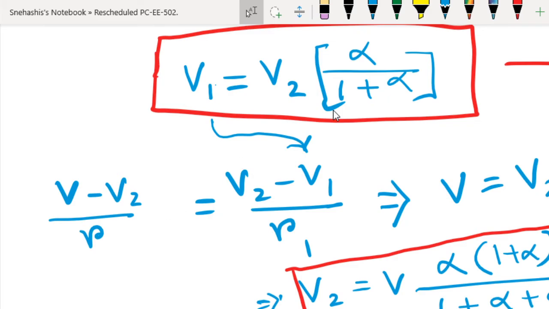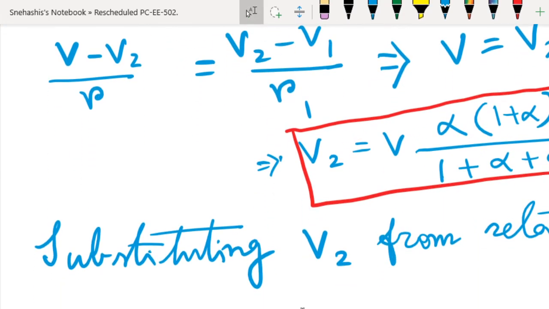Now from A and B, substituting v2 from the relation, Gmax equal to v minus v2 by r ln alpha.